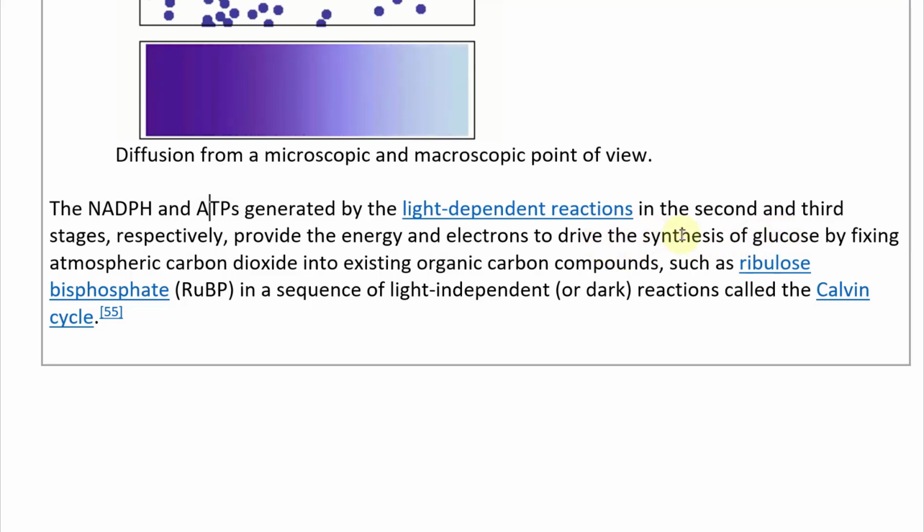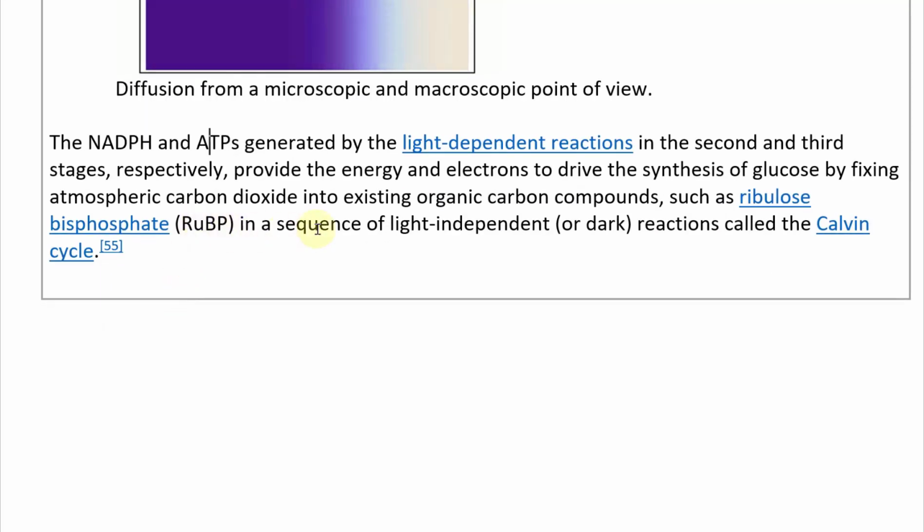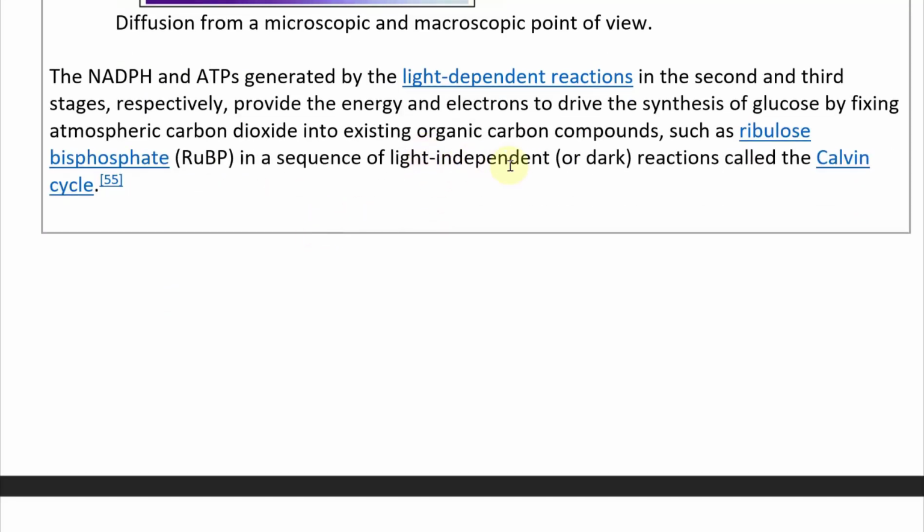Anyway, you drive the synthesis of glucose by fixing atmospheric carbon dioxide into existing organic compounds such as ribulose bisphosphate, RuBP, in a sequence of light-independent or dark reactions called the Calvin cycle. Basically, we take this NADPH and ATP, and it gives us the energy and electrons.